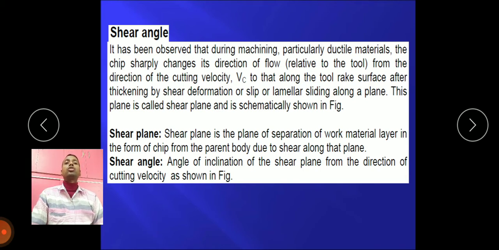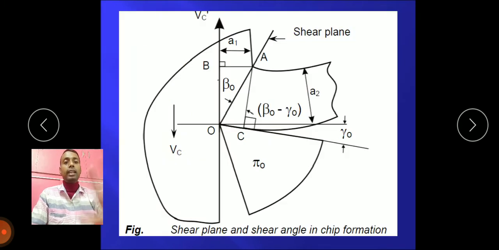This plane is called the shear plane. Shear plane and shear angle. The shear plane is the plane of separation of the work material layer in the form of chip from the parent body due to shear along that plane. What is the shear angle? It is the angle of inclination of the shear plane from the direction of the cutting velocity. So this diagram is very important. This beta O is the shear plane angle.